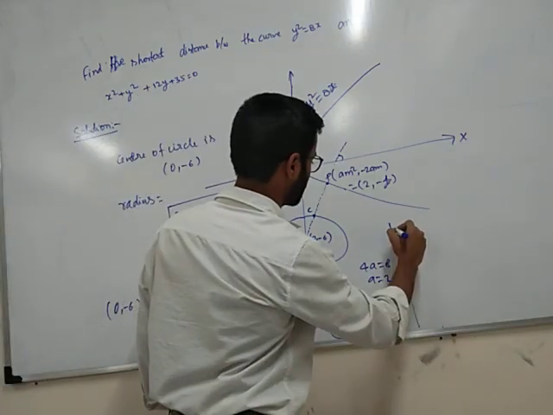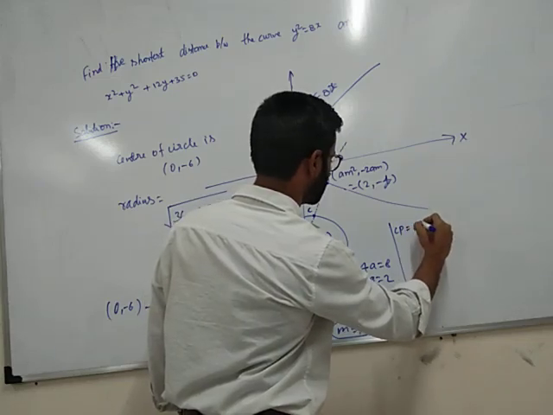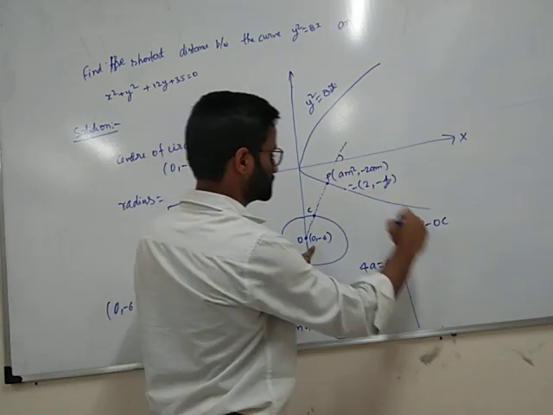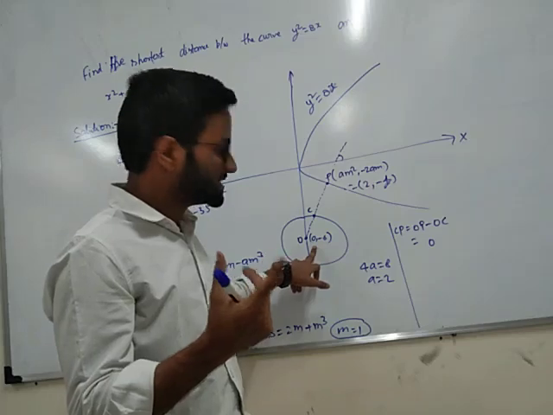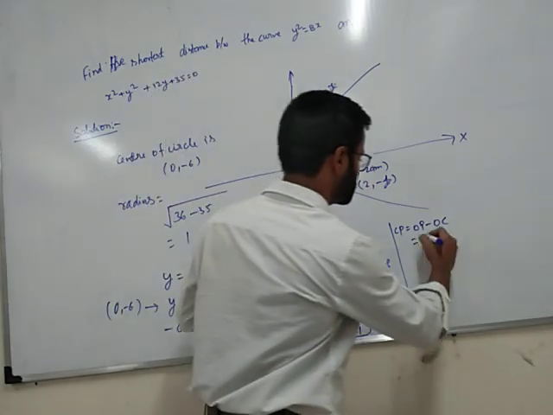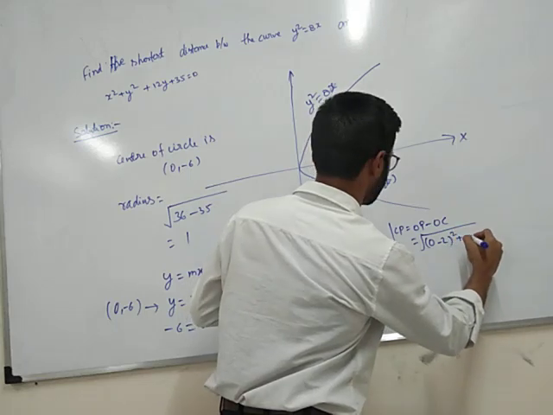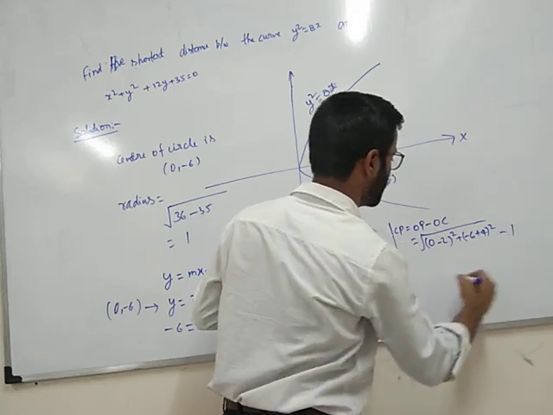So just use the formula, distance between two points: 0 minus 2 whole square plus minus 6 plus 4 whole square, and minus 1.